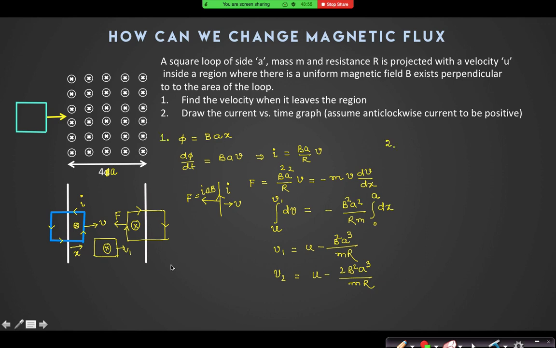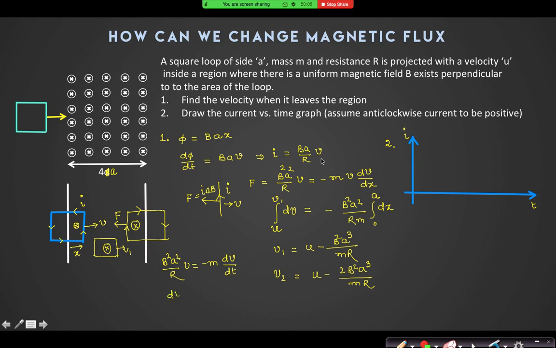Draw the current versus time graph. If I take anti-clockwise current to be positive, initially the current is positive. B square A square by R into V is equal to minus M into dV by dt.